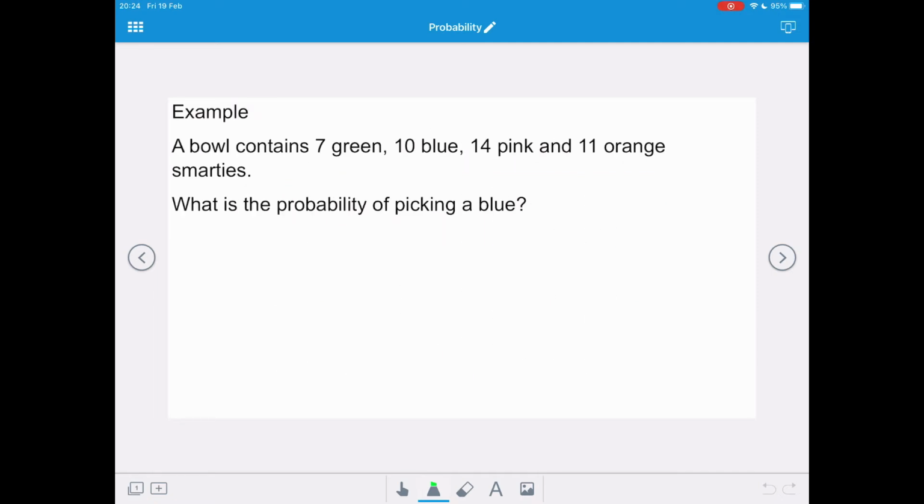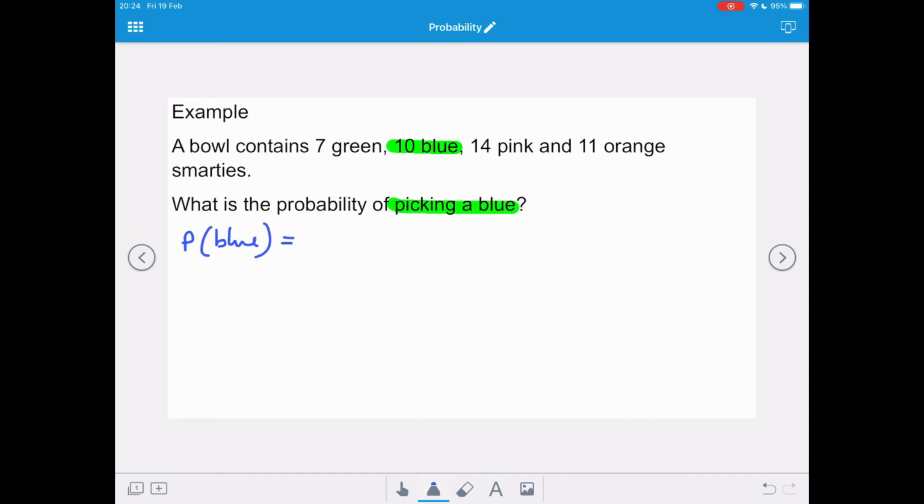So in our example, we have a bowl that contains 7 green, 10 blue, 14 pink and 11 orange Smarties, and we want to know what the probability of picking a blue is. And we can see from the question that there are 10 blue Smarties in the bowl. So we want to work out what P(blue) is.